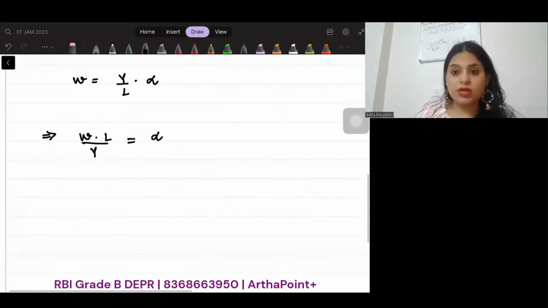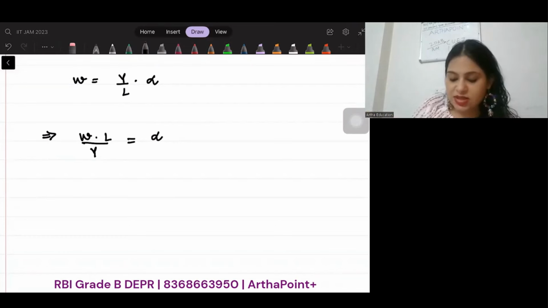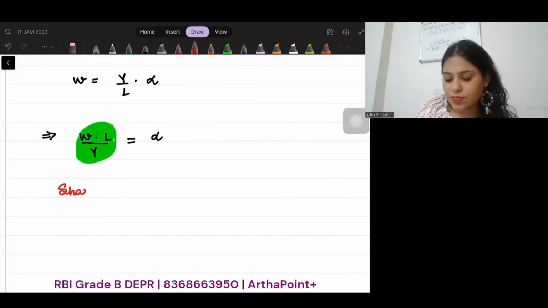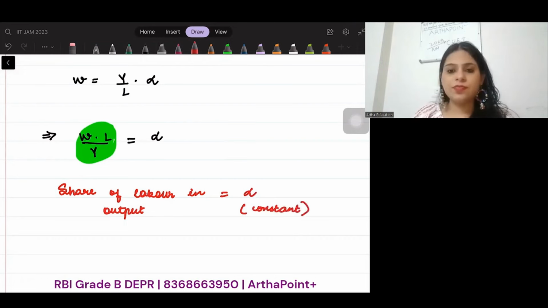WL is the money you are spending on labor, and Y is the total value of your output. So this factor is the share of labor in output, and it is coming to be alpha, which means it is a constant.